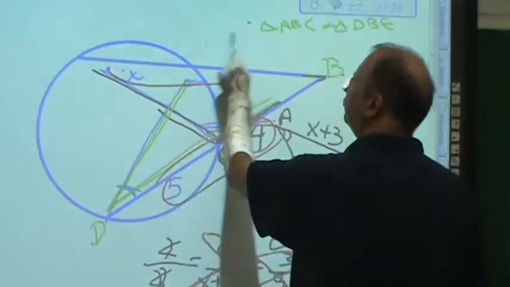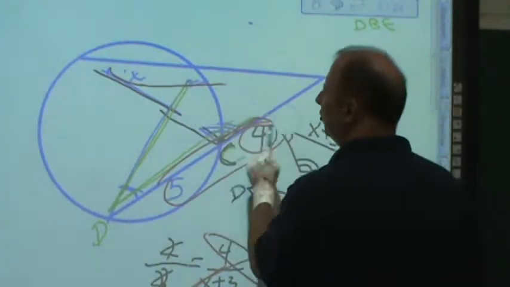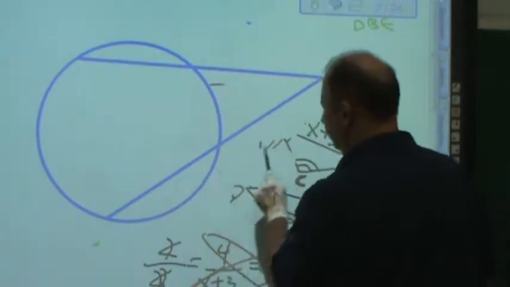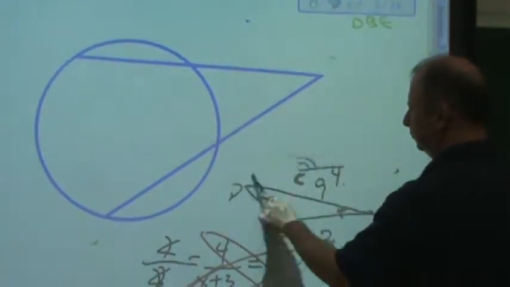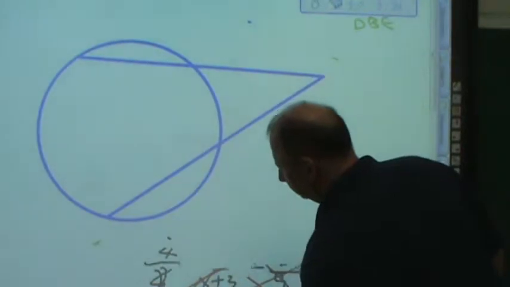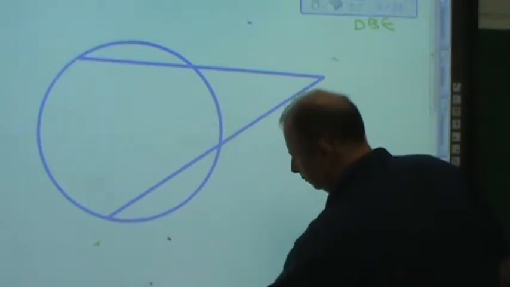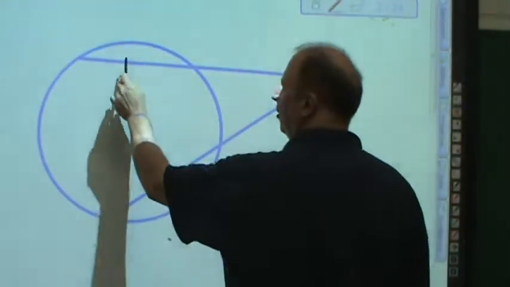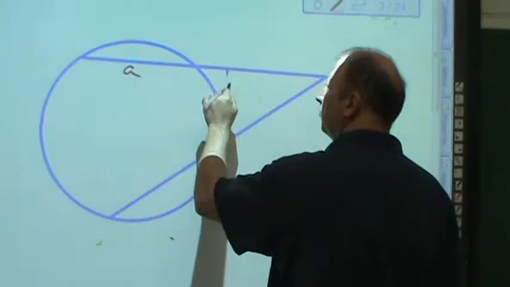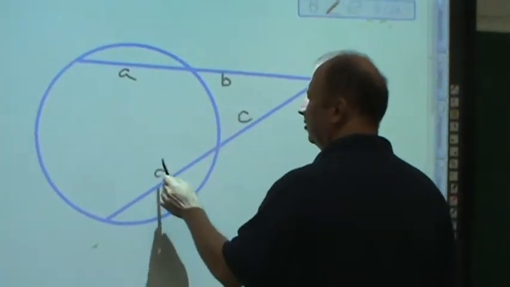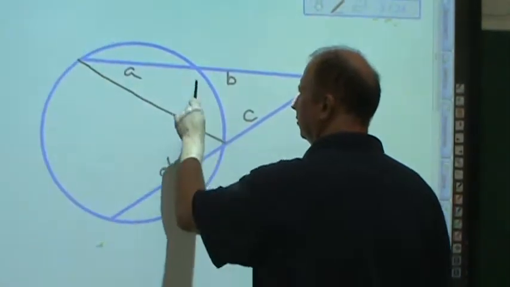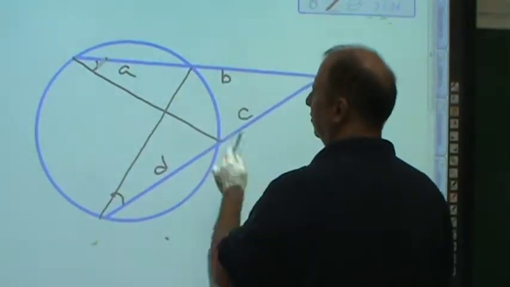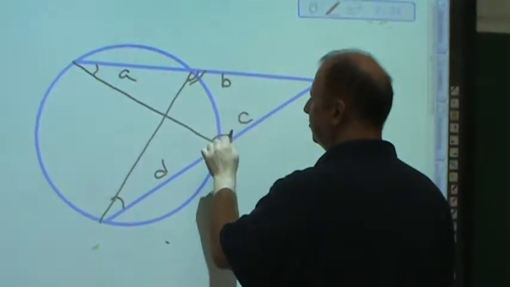And with that, we're going to erase and start from scratch. We're going to look at the whole process all over again, but this time using letters. Call this A, B, C, D. We know this is equal to this, and we know this is equal to this.